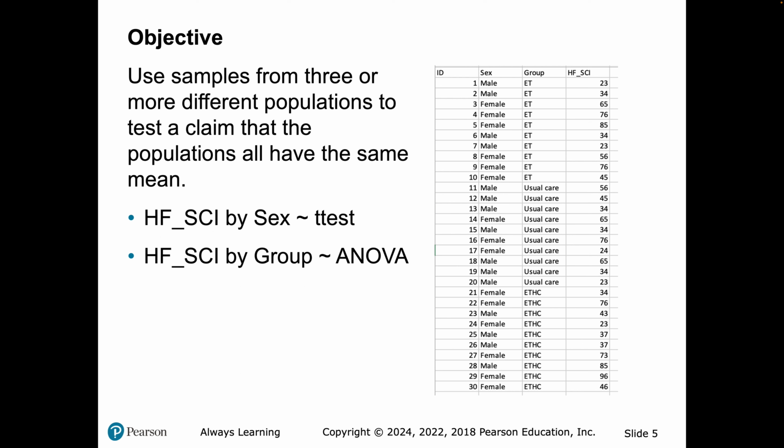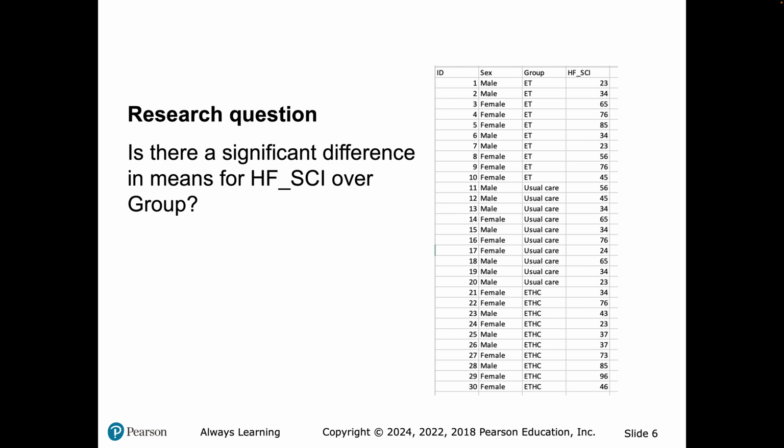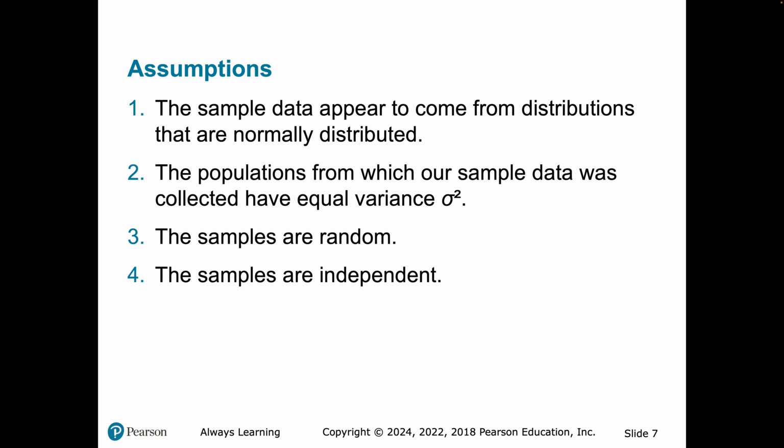So therefore we would dive into the ANOVA model. So a research question for this could be, is there a significant difference in means for the heart function score over group? Again, if it was over sex, we would not use ANOVA, we'd use a t-test.